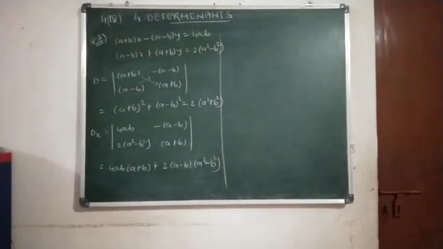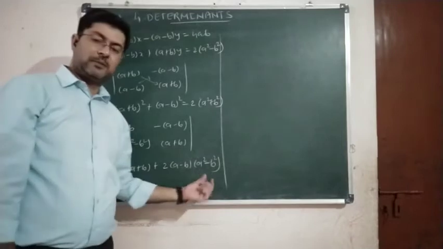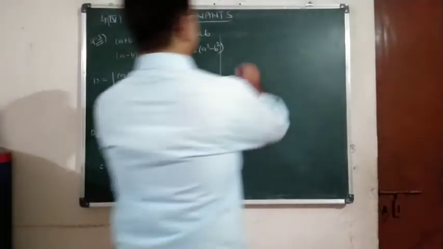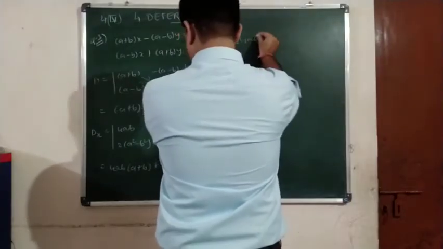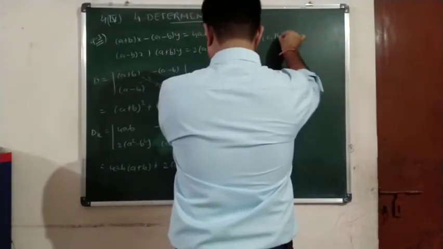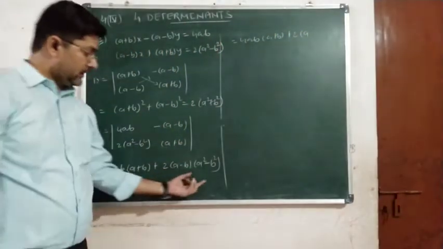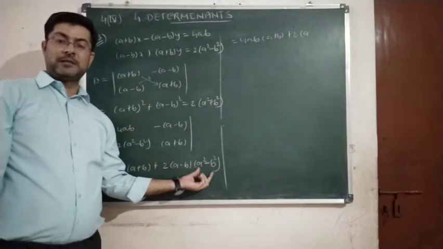Now we can simplify this. a square minus b square can be written as (a minus b)(a plus b).